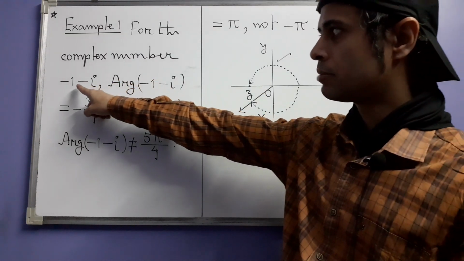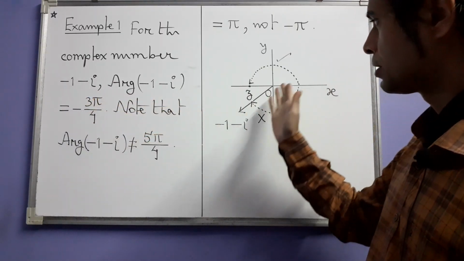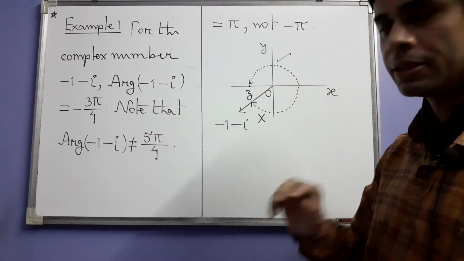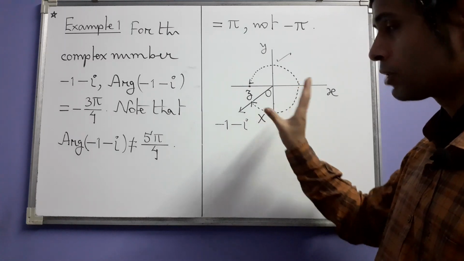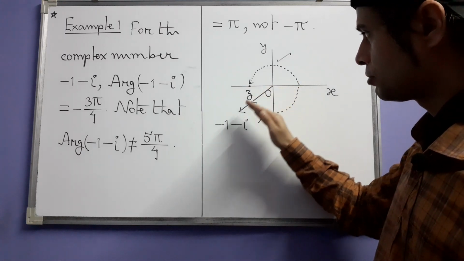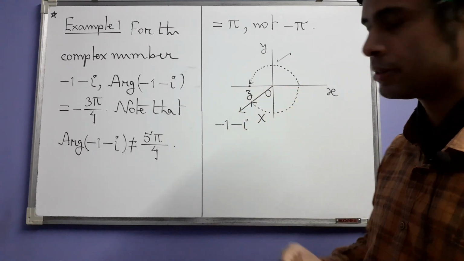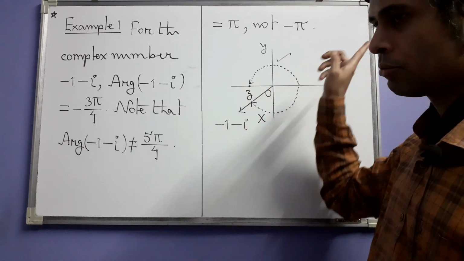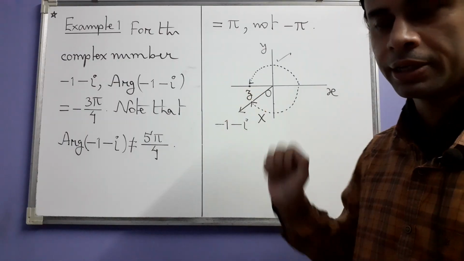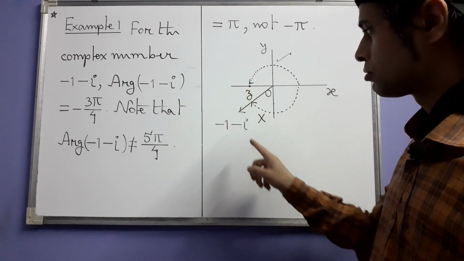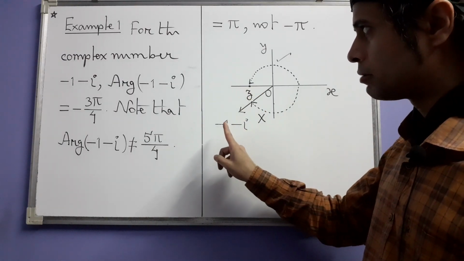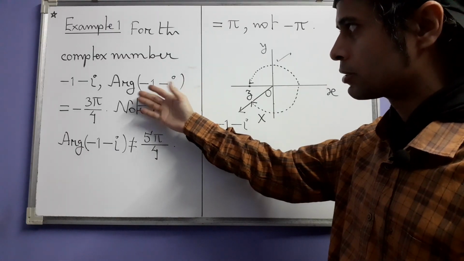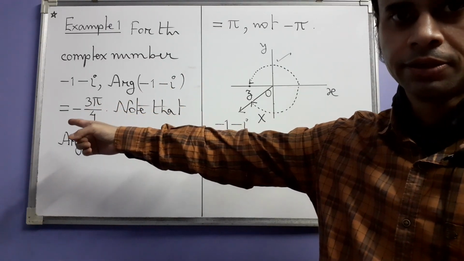Consider the complex number minus 1 minus i, which lies in the third quadrant here somewhere, I say, because I have not fixed the unit distance, but it will be along this line, the line y equal to x in the plane. So it's here, and for this number the principal argument is minus 3 pi divided by 4.